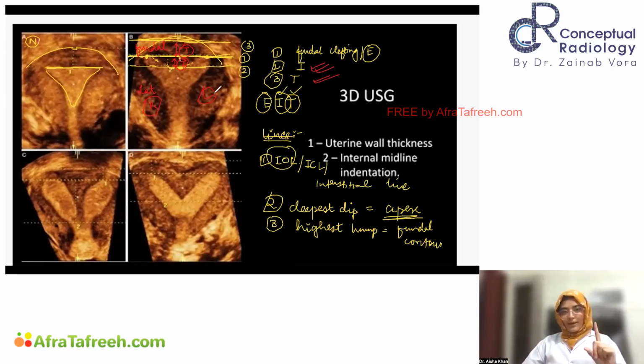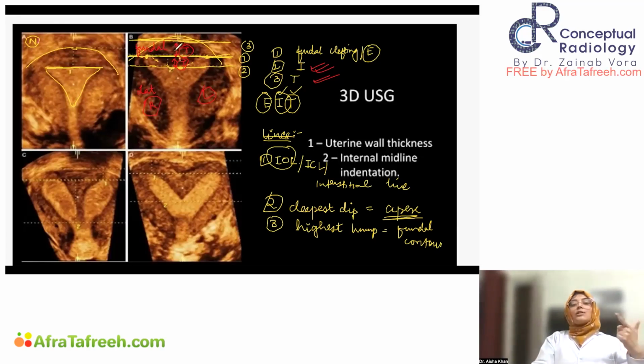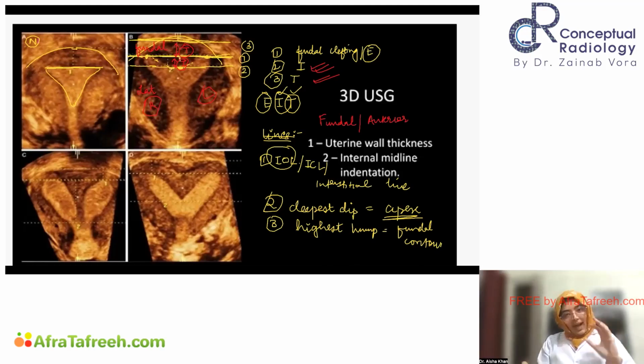Number 1, interosteal line. Number 2, deepest dip. And number 3, highest hump. You have to draw a line across all three. So from the interosteal line to the deepest dip is your internal indentation, and from the interosteal line to the highest hump is my wall thickness. This wall thickness, to be specific, is the fundal wall thickness or the anterior wall thickness, because in an antiverted uterus, which is the normal variant, the fundus is present anteriorly, so it is called the fundal wall thickness or the anterior wall thickness.